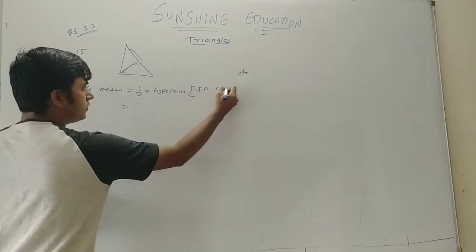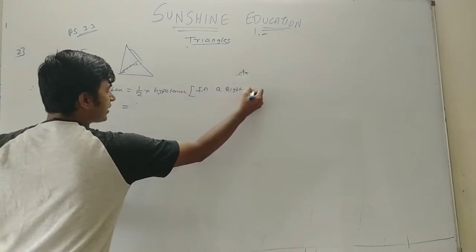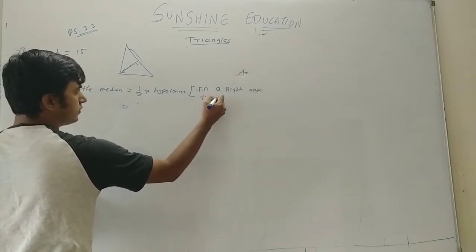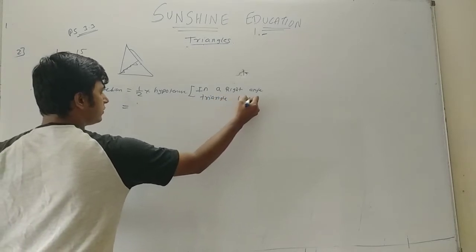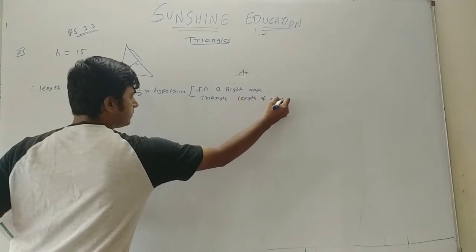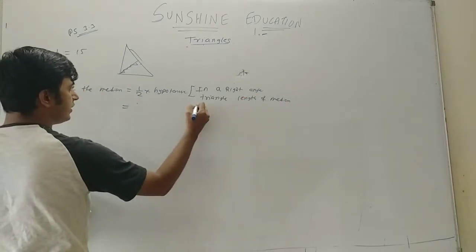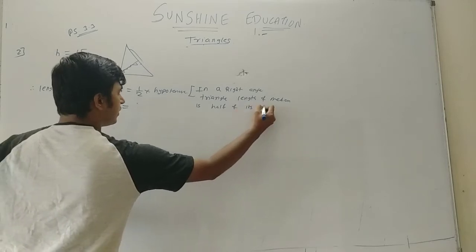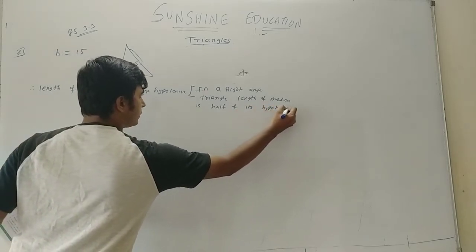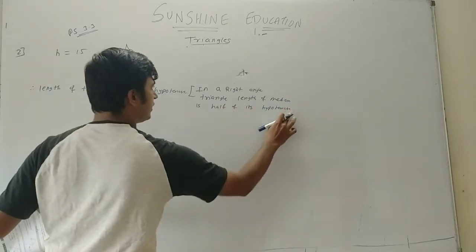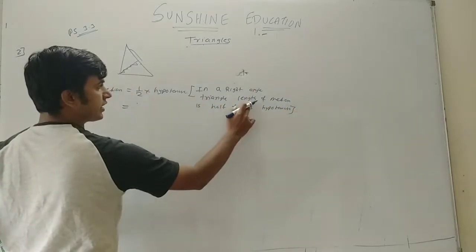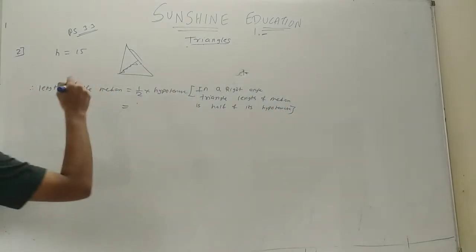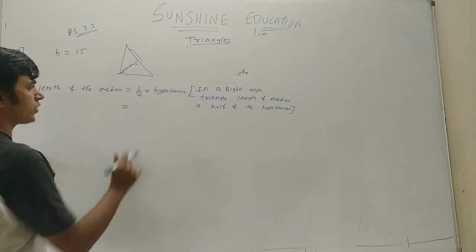In a right angled triangle, length of median is half of its hypotenuse. If you are not understanding the handwriting, I am just reading it, so you can also write it.